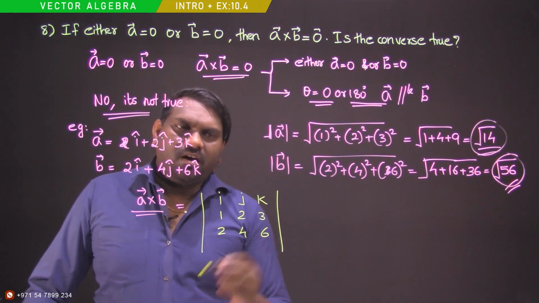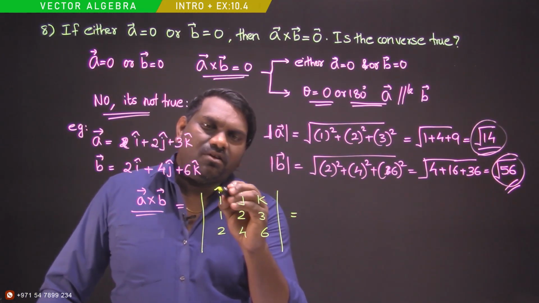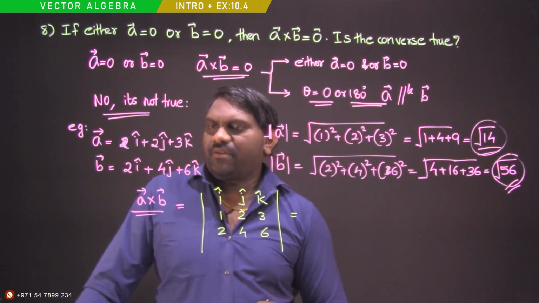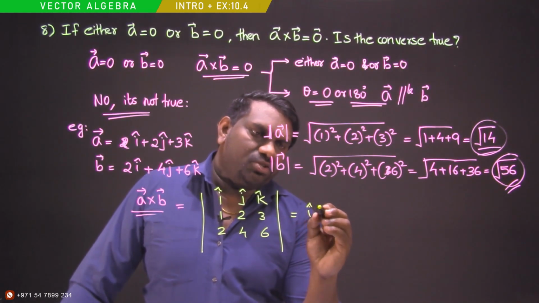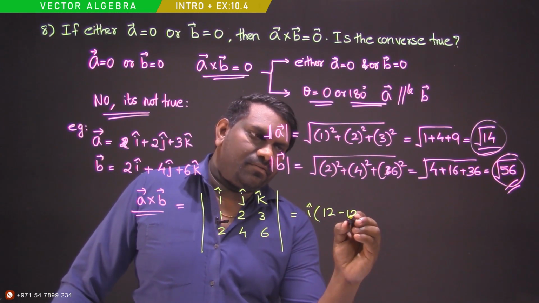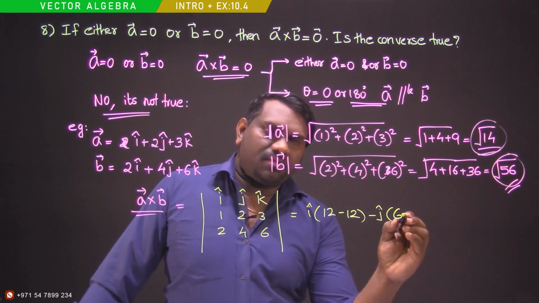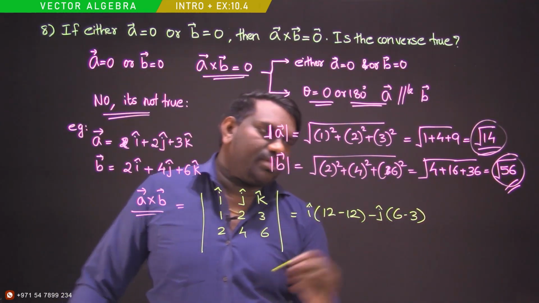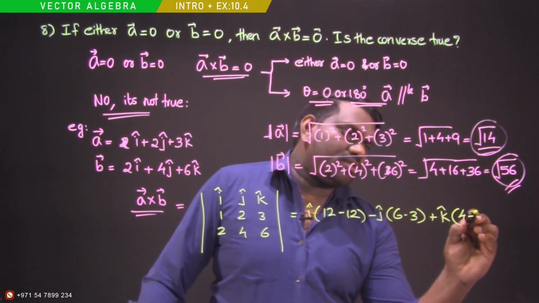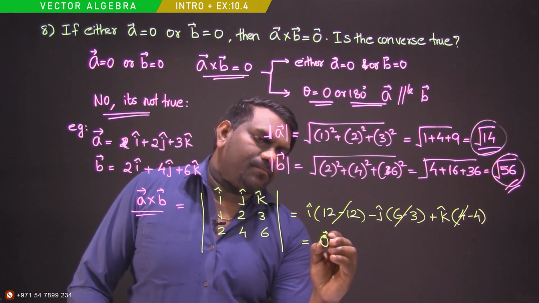When two rows of a determinant are the same, it's going to be 0, or else we can just solve this one. i cap into 12 minus 12, minus j cap into 6 minus 6, plus k cap into 4 minus 4. What I have told you, that is 0.